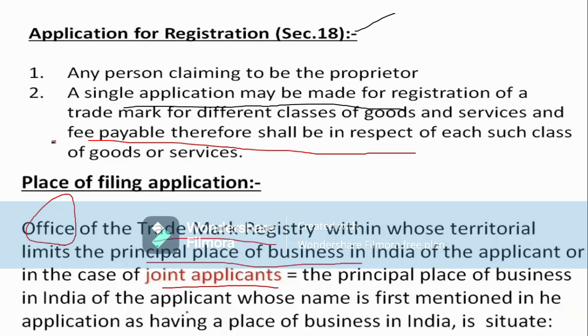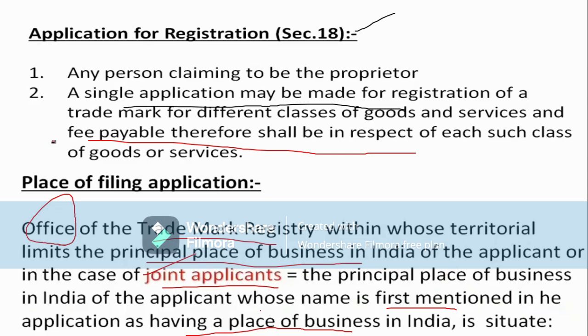So at the time of application, we have to mention first the place where you are going to locate your business, in case of joint applicants.